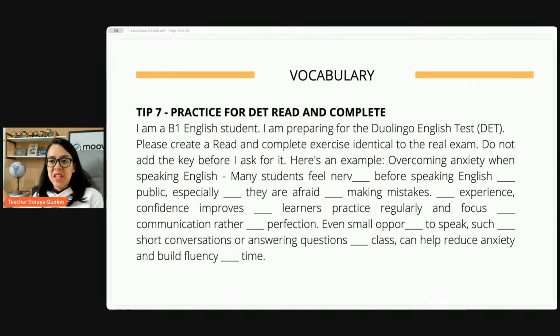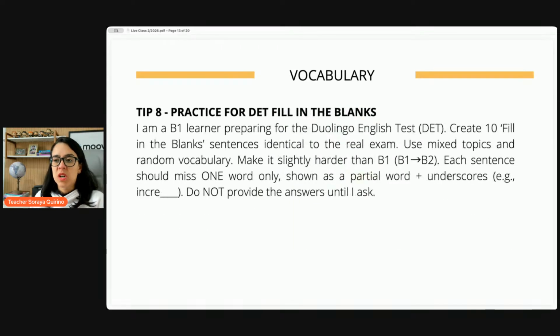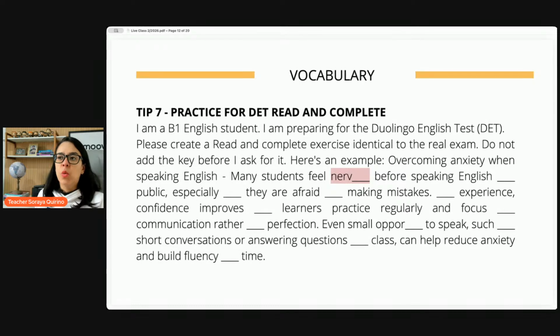You can do this with any exam question, okay? But I'm going to show an example here. So on the Duolingo English Test, you have this kind of task called read and complete, and there is a short text, and this text has some incomplete words. And what you have to do here is to complete the words. That's why it is called read and complete.